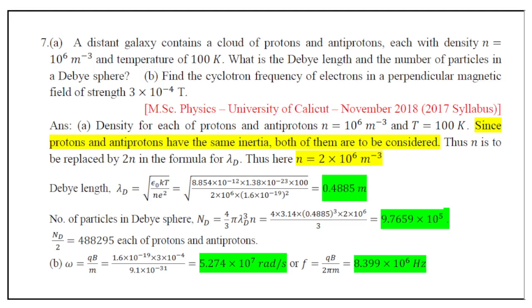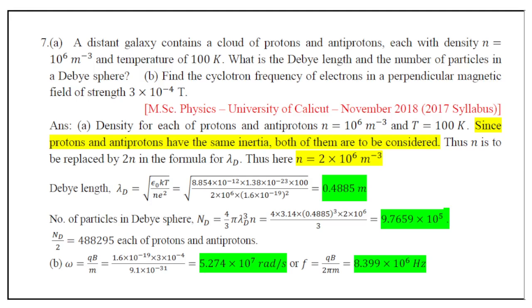So here the difference is, it contains a collection of protons and antiprotons. Protons have positive charge and antiprotons have negative charge. So here the difference is, in normal plasma electrons and ions are considered, in which ions are assumed to be at rest. But here protons and antiprotons have the same inertia, they have the same mass, so both of them are to be considered.